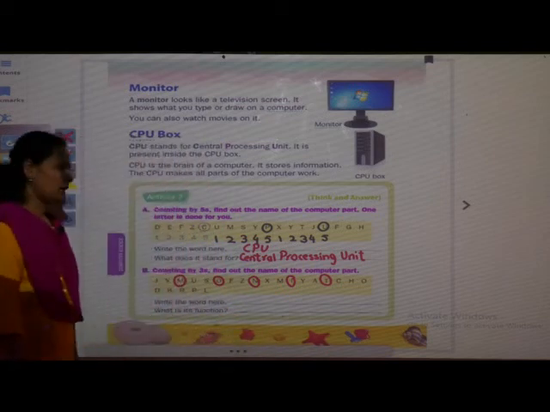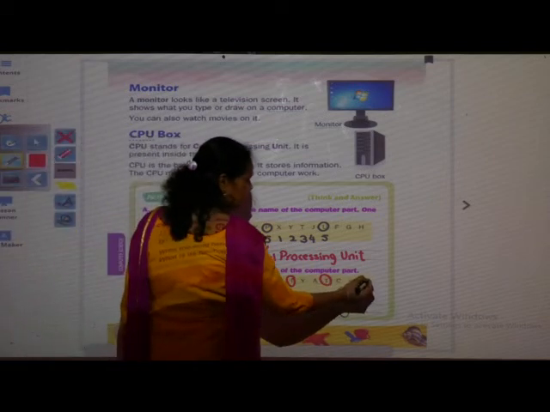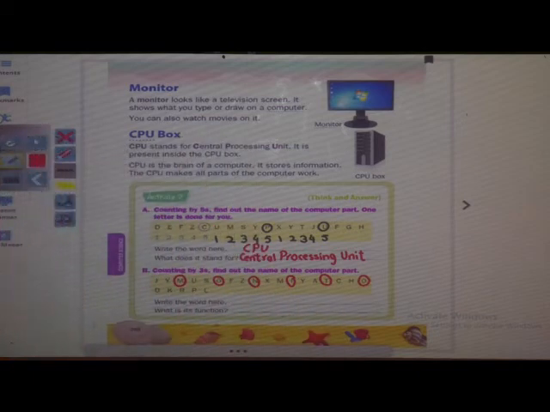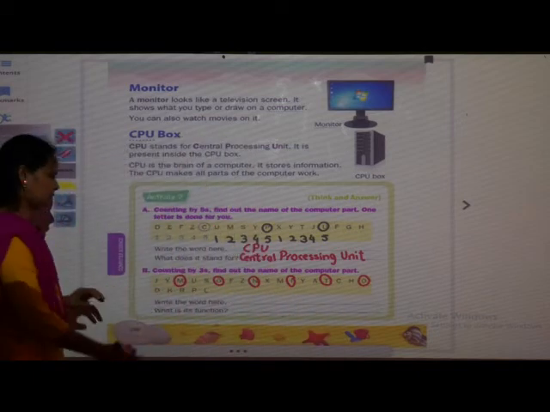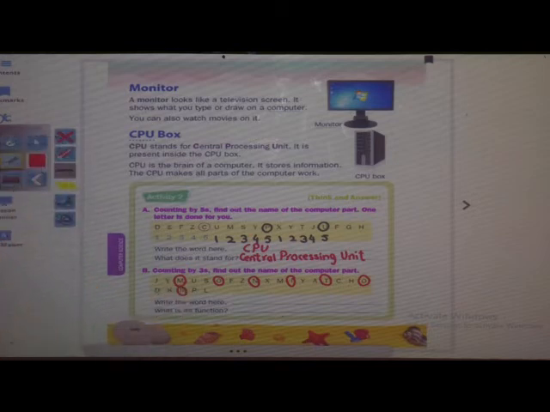T. Next, 1, 2, 3. Again, O. Next, 1, 2, 3. That is R. So, can anybody tell me which part of the computer we have found here?